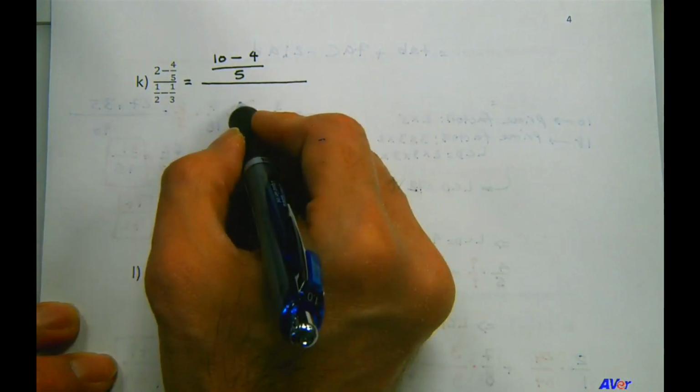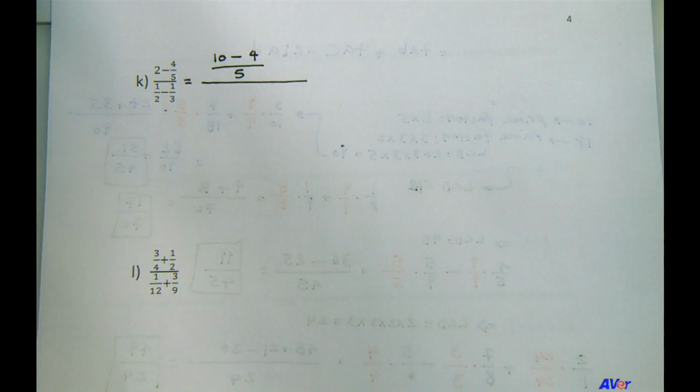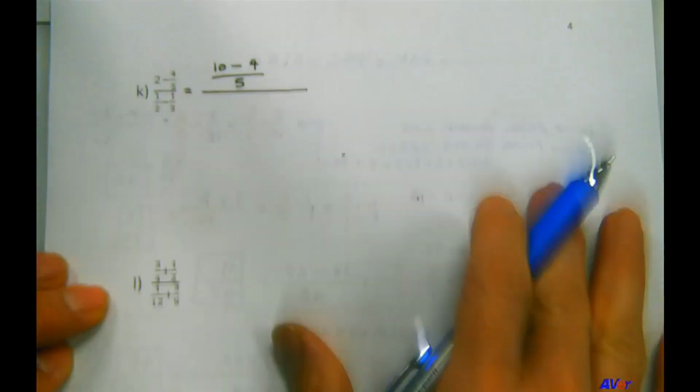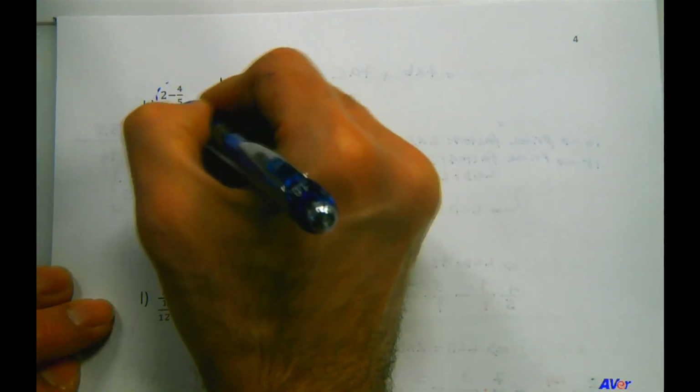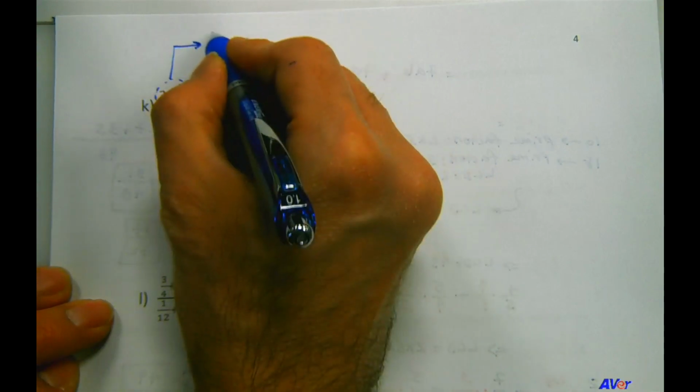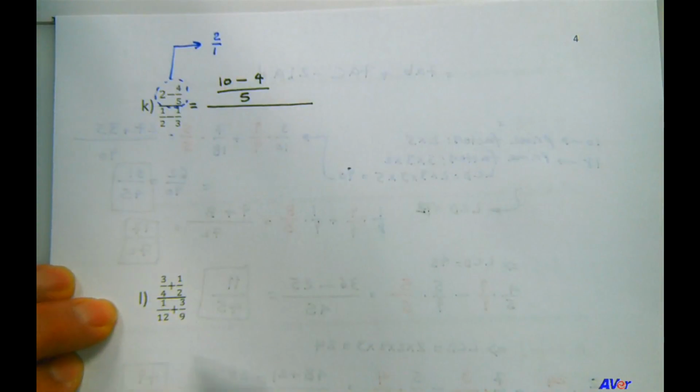Here, for the benefit of those of you who might not know what's going on here, let me put this piece. So we have 2 over 1, right? And the common denominator is 5.